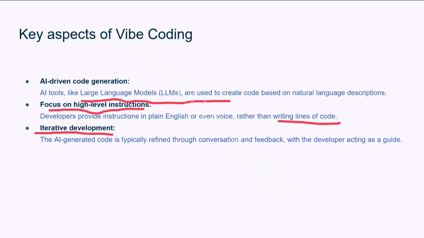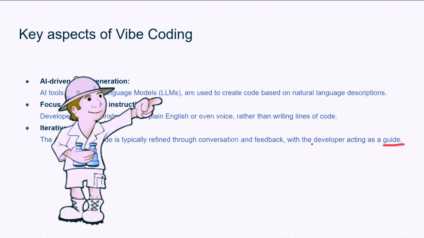Next is iterative development. Iterative development means the AI-generated code is typically refined through conversation and feedback, with the developer acting as a guide. So if you are doing vibe coding and you are a developer, you should be a guide also, because now you have to guide the LLM. You are not a developer only. You have the responsibility of guiding the LLM.